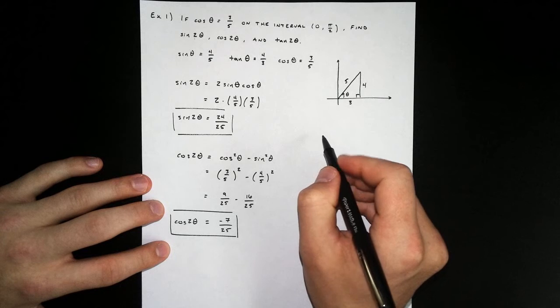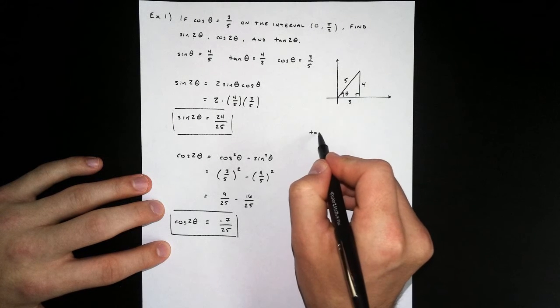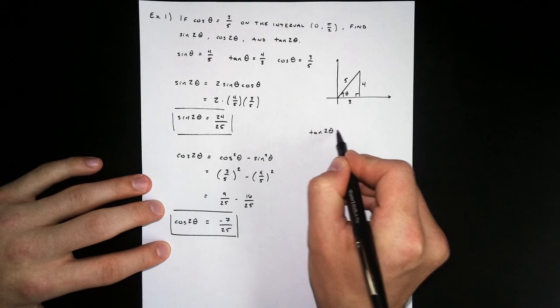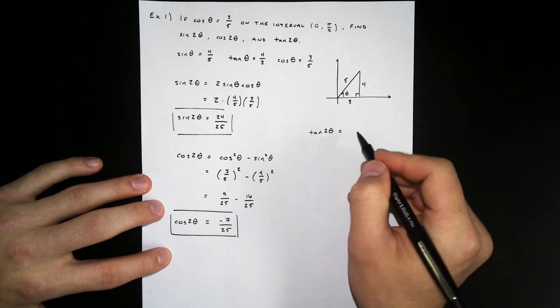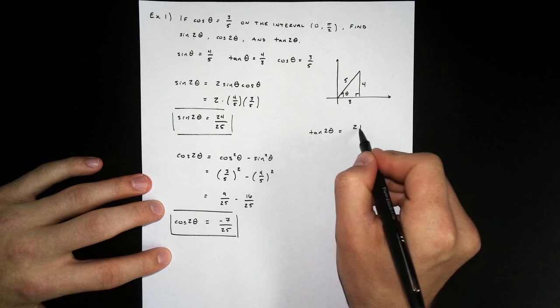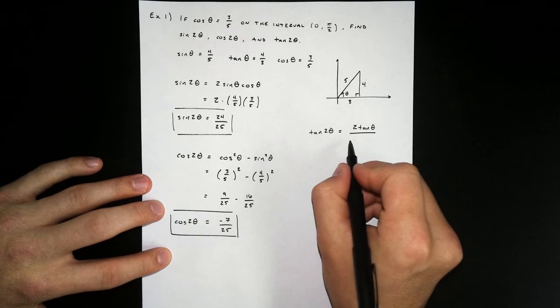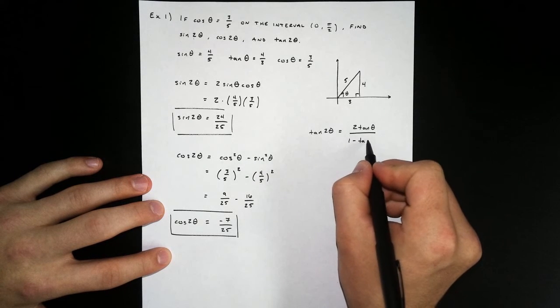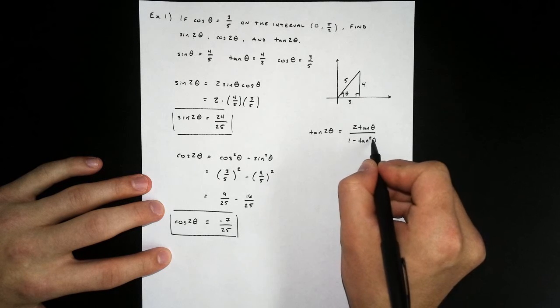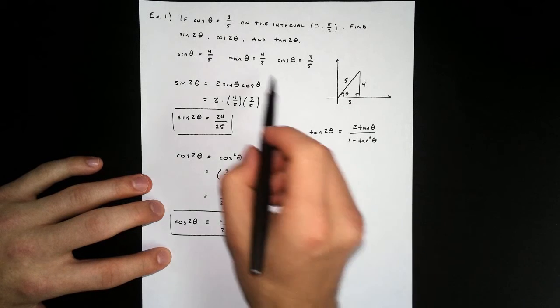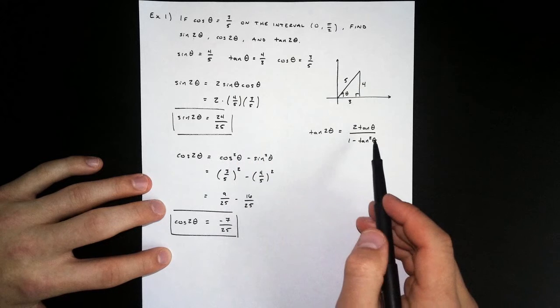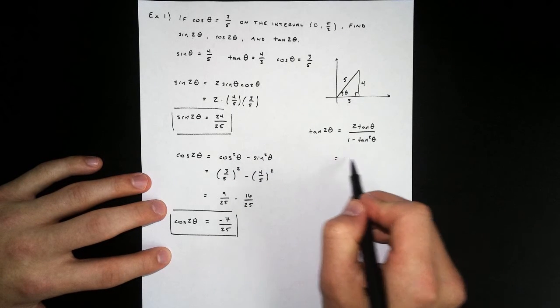All right, and then our last one, let's do the tangent of 2 theta. So the identity for this: 2 times the tangent, divided by 1 minus the tangent squared. And again, we know the value for tangent theta, so we just have to do some substitution.